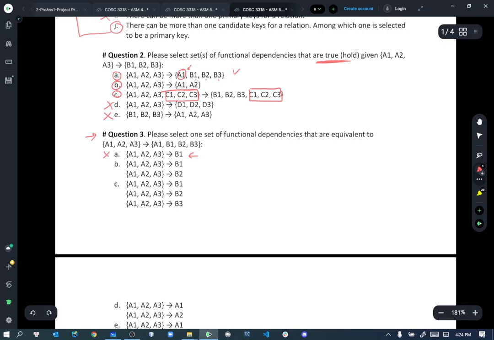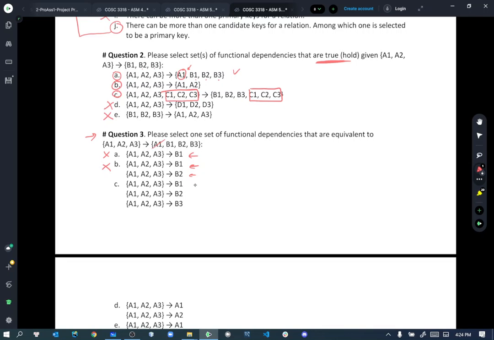Because you're only telling that A1, A2, A3 determine B1, but actually it can determine more, like B2, B3. So for this one, it is also false because you're missing. It says that A1, A2, A3 can determine, of course, A1 is trivial. This can also determine B1, B2, and B3. But in here, they only say it can determine B1 and B2. So not equivalent because you're missing B3 there.